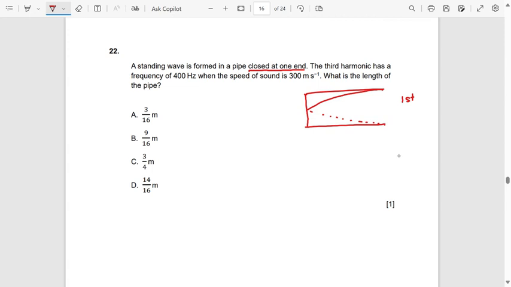It doesn't have a second harmonic, this one. It goes straight to the third harmonic, and that's where it will have caught you out, potentially. So we have to have a node here, we have to have an antinode here, otherwise there's no energy for the sound to come out.